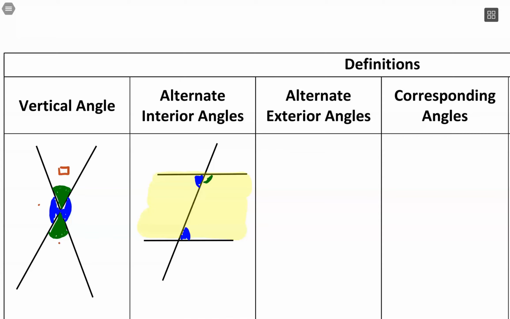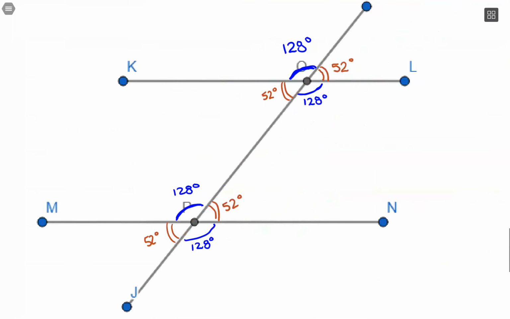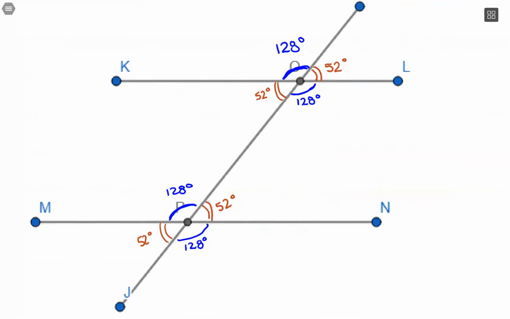Similarly, if we were looking at this measurement here, if we go to the other intersection and on the opposite side, that would be the same. So in our picture up above, if I focus on the inside and I'm looking at this 52 degrees, I also have 52 degrees on the opposite side, in the interior. Same thing with 128, on the interior on the right-hand side, which means the interior on the left-hand side would have the same measurement.